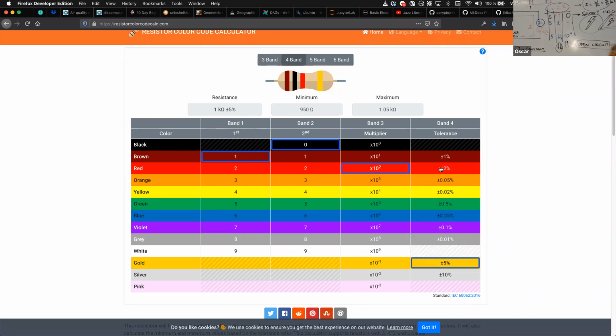Now we're going to see another component that we're going to put in here that is called a diode. It's very similar to this LED here, but it doesn't emit light. Diodes normally look like this, and they have a line in here.